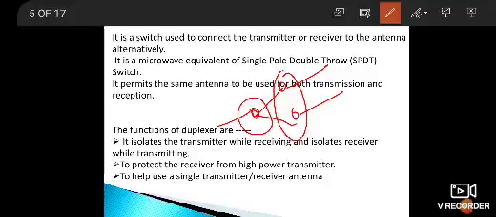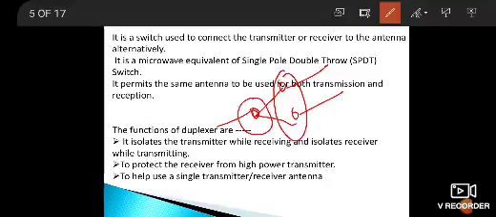So once again, the duplexer is nothing but a switch which is used to connect the transmitter or receiver to the antenna, and it acts as a single pole double throw switch. It permits the antenna to be used for both transmission and reception.